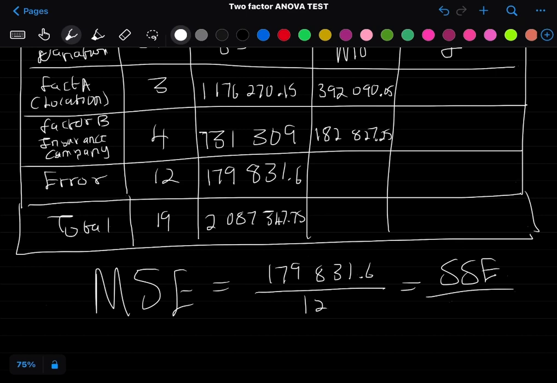Right? 179,831.6 divided by 12. Now our mean square error is 14,985.97.